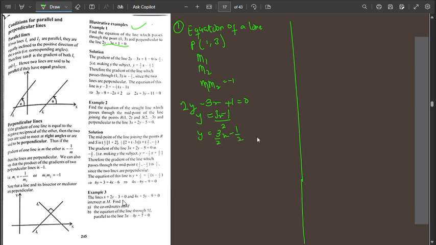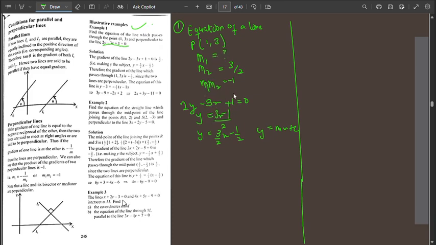So this is the equation of that line expressed in the form y is equal to mx plus c. When we compare, m is 3 over 2. So the gradient of this line, which is m2, is 3 over 2. Now we don't know m1.